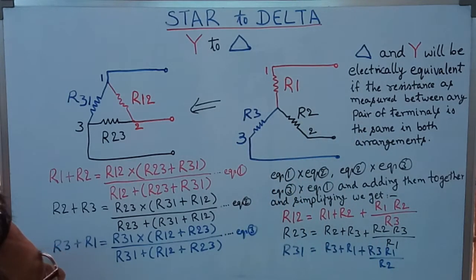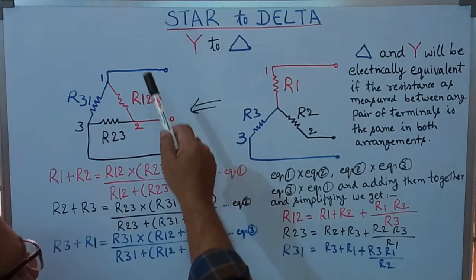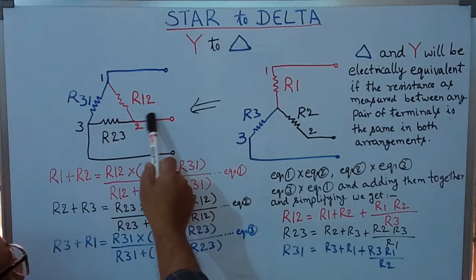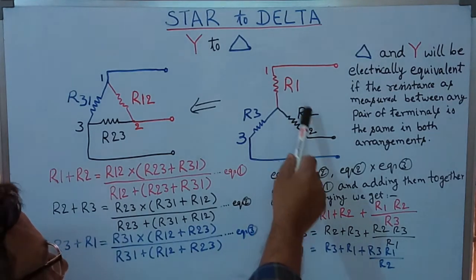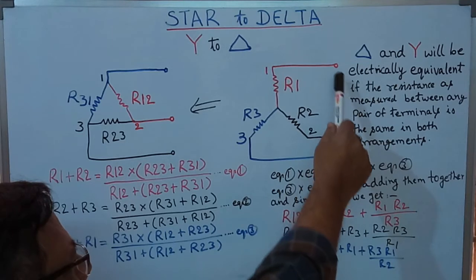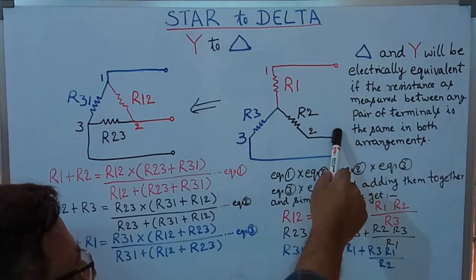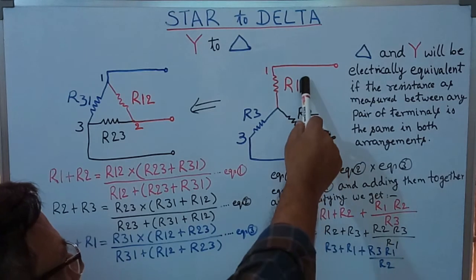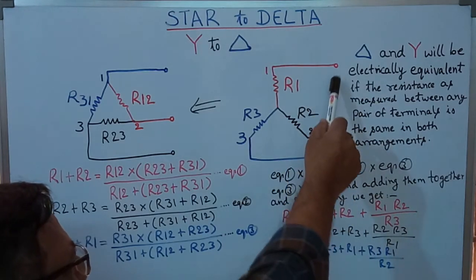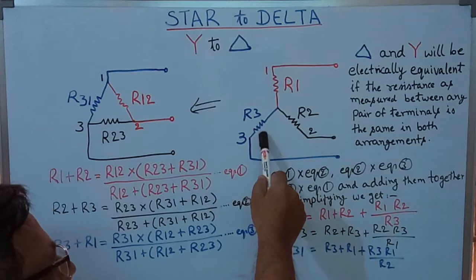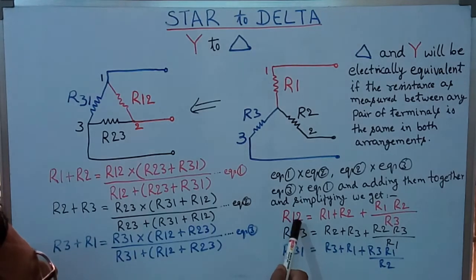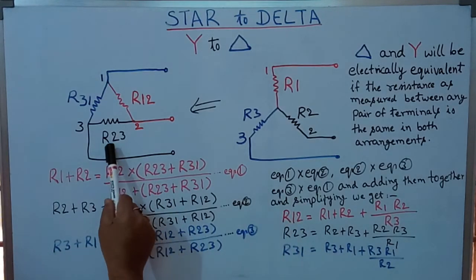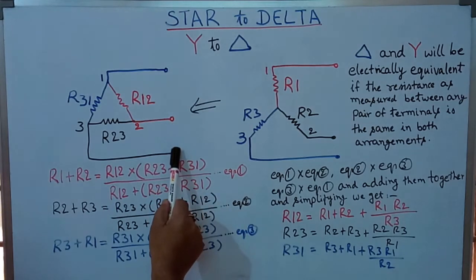That is, when we look from terminal 1 and 2 of the delta, we will see R12 equal to the sum of the resistances when we look from the star connection between terminal 1 and 2, plus the product of the resistances between terminal 1 and 2 divided by the opposite resistance, that is R3, will give R12 resistance.